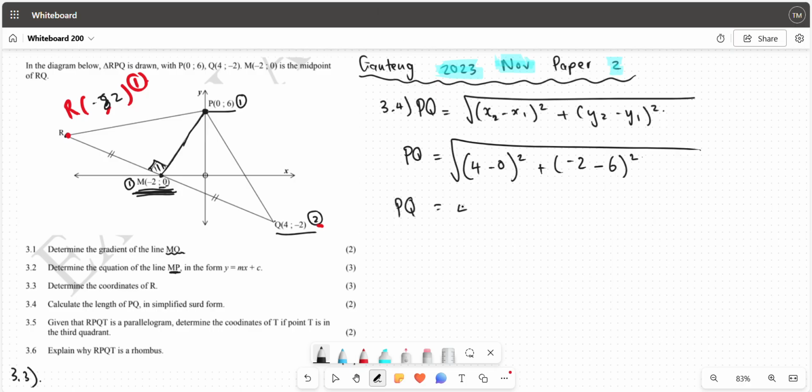Alright, I get a final distance of 4√5 units. And since they said they wanted it in simplest surd form, we're going to give it in simplest surd form, and that is our final answer. So 3.4 is done. Am I going to need that? I don't think so. Let's move on.